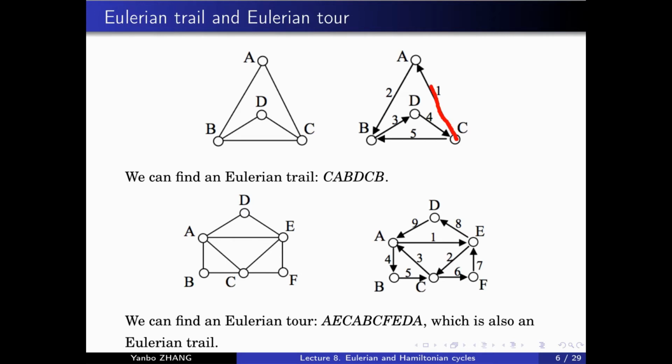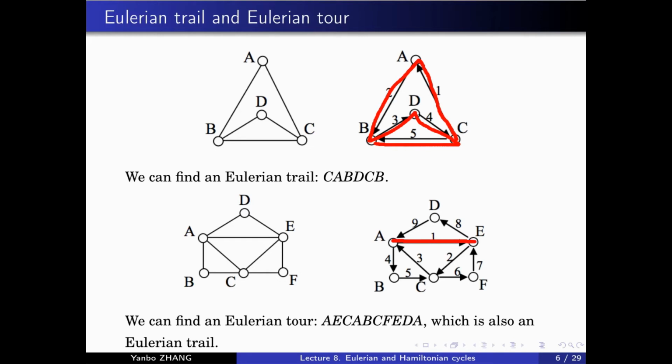C, A, B, D, C, B, which is an Eulerian trail because it covers every edge exactly once. In the graph below, we can find an Eulerian tour.